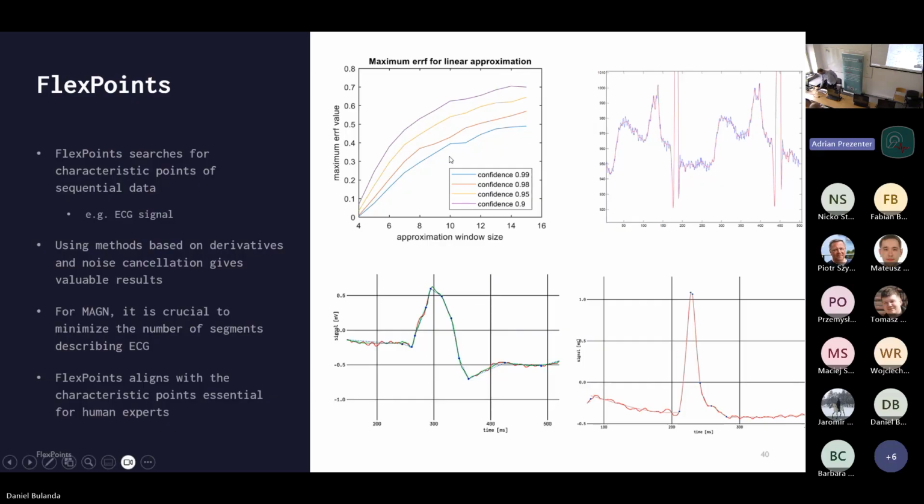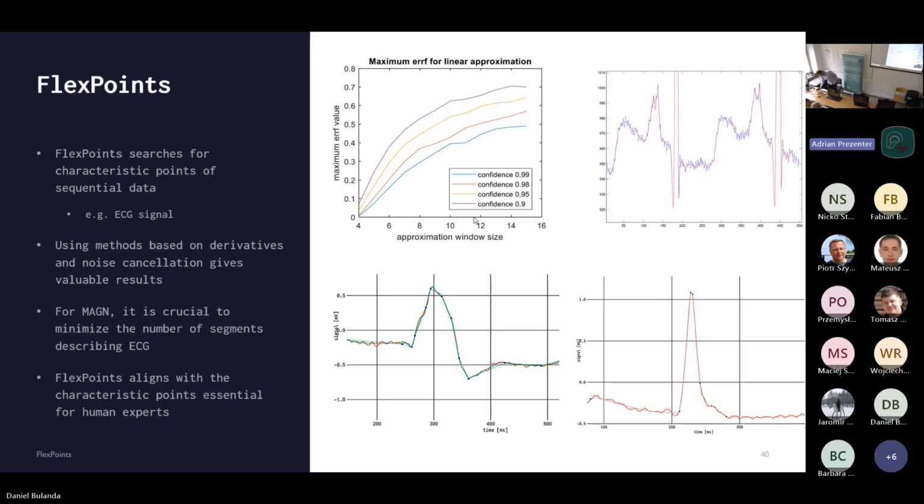So here you can see how it works. On this plot you can see how the noise removal algorithm works. It pretty well removes the noise, and then after application of the flex point algorithm, you can see the characteristic points here.